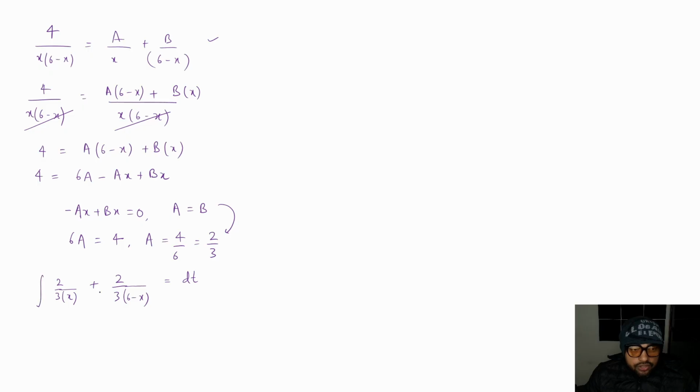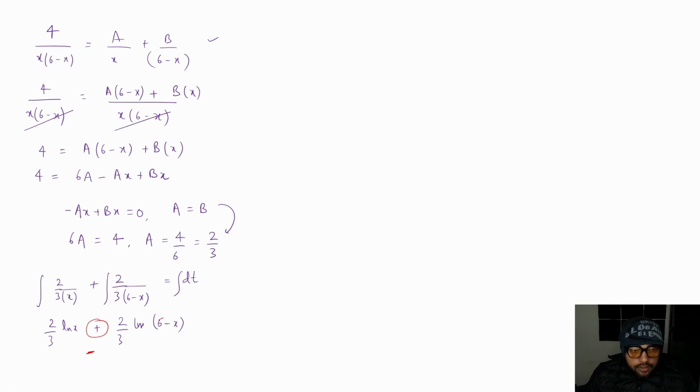So now integrating both the sides, we'll get 2 by 3 log of x plus 2 by 3 log of 6 negative of x. There is one mistake, students. See that the sign here will be negative. Why is this so?